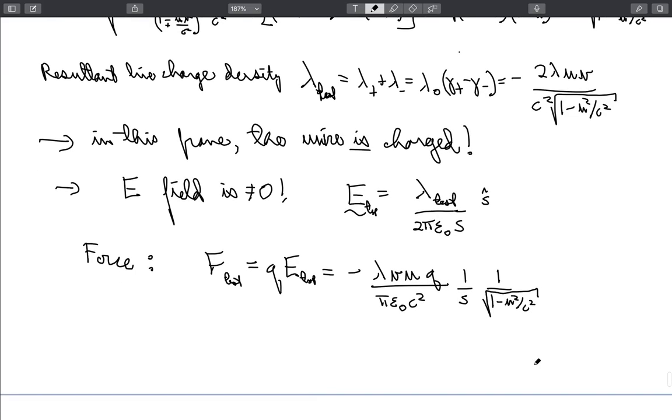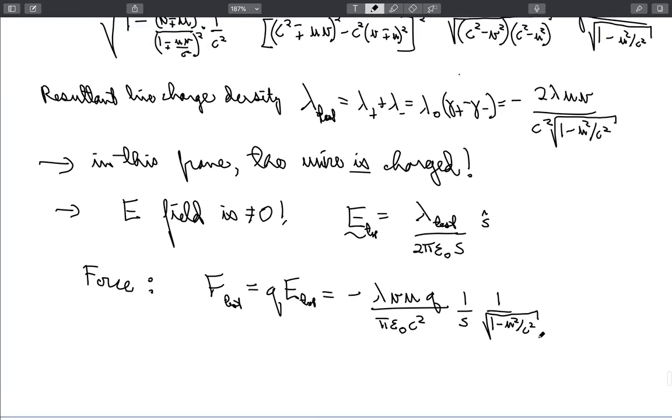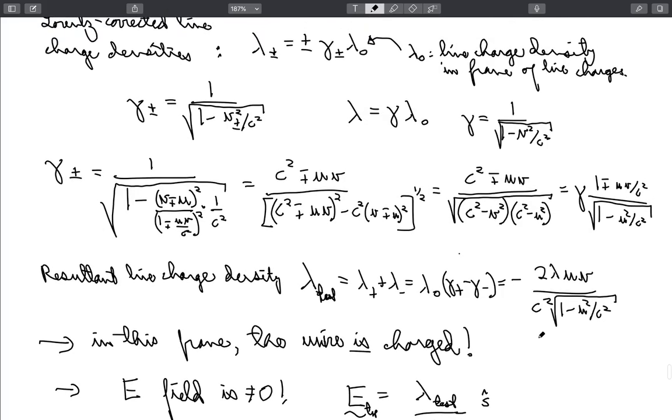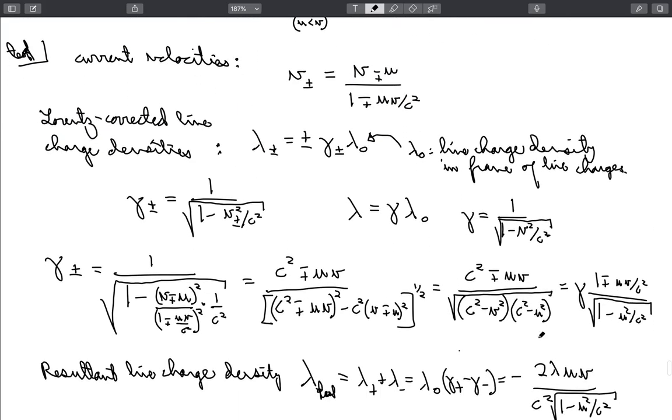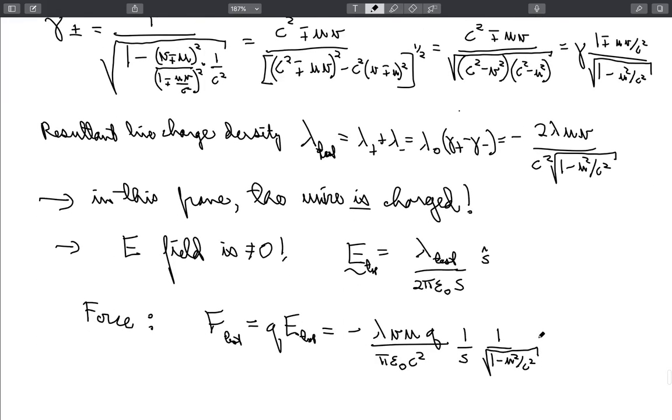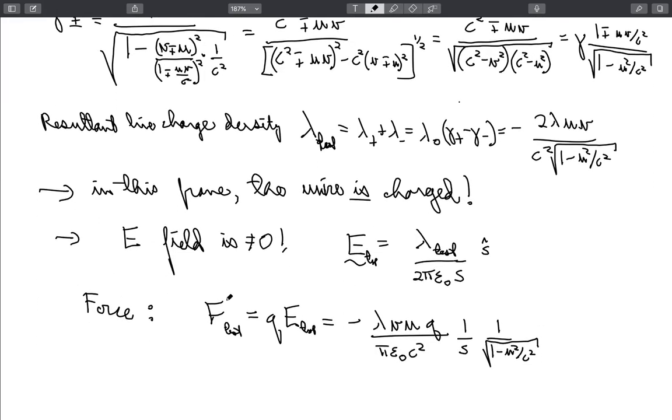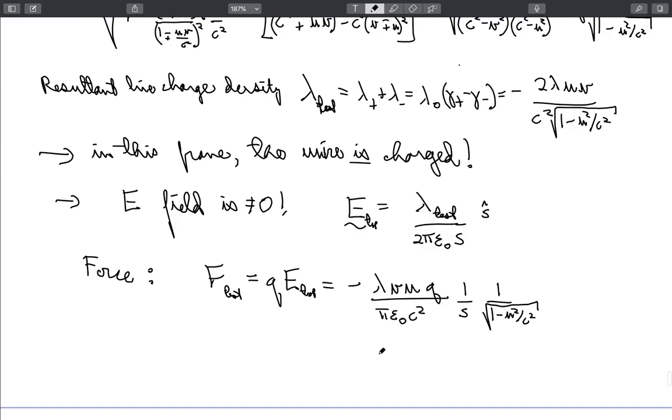So that's interesting because it now means that we've got a force acting on our particle, an electrical force in the frame of the moving particle. But you know, I can just rewrite this thing here by recognizing a couple of things.